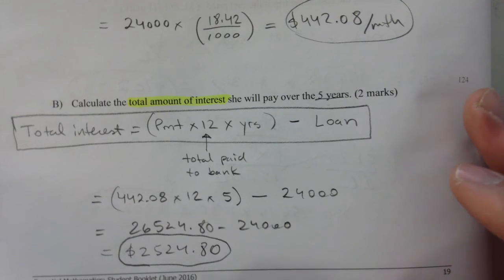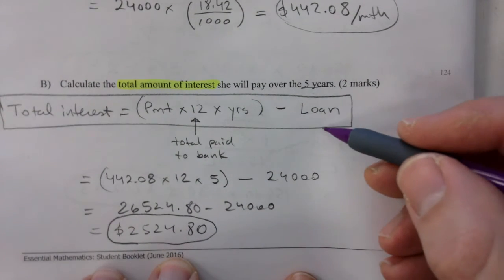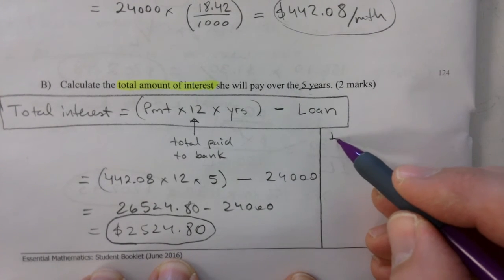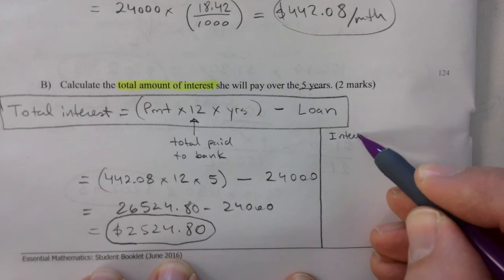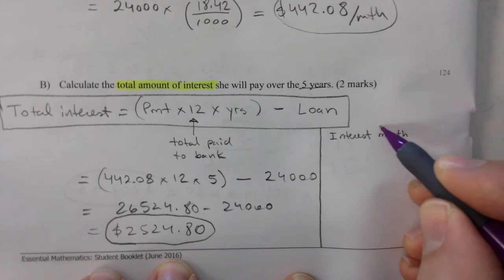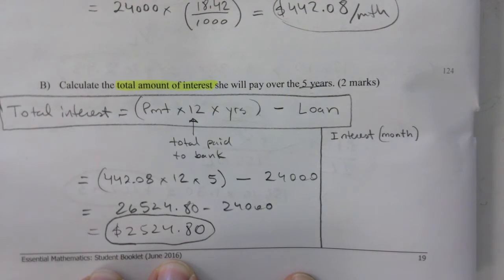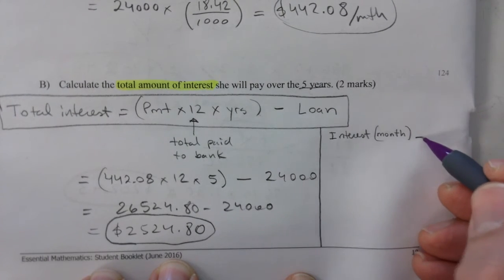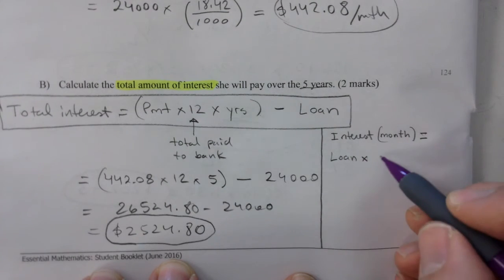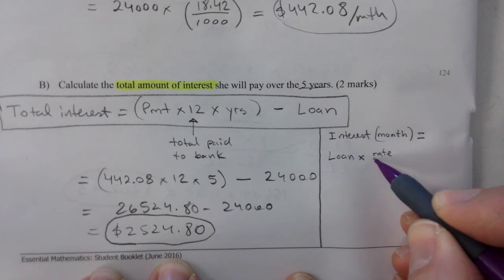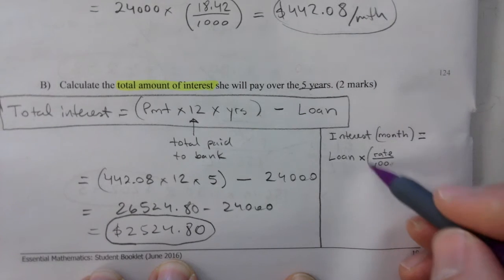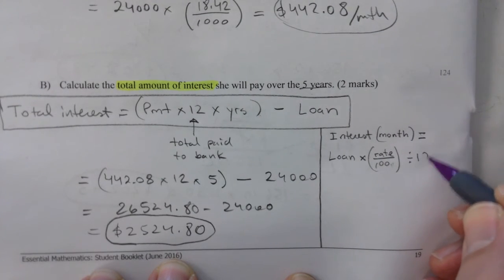Total paid. Now, let's put a line there. Interest for the month. If you had to do interest for the month, that would equal loan times the actual rate divided by 100, and that divided by 12.